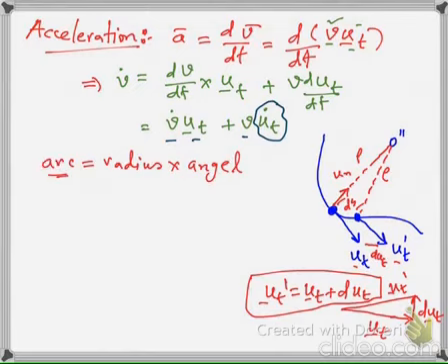So if this angle here is d theta, we can say that this arc, which is ds, can be written as rho, the radius of curvature, times the angle d theta.